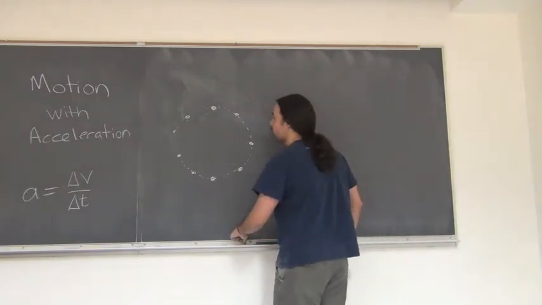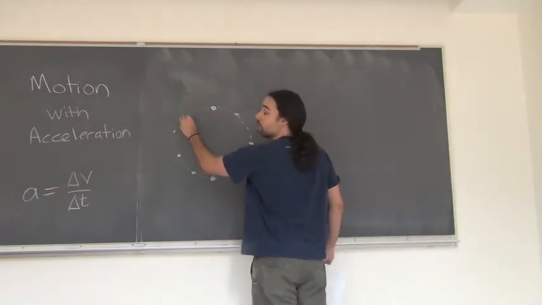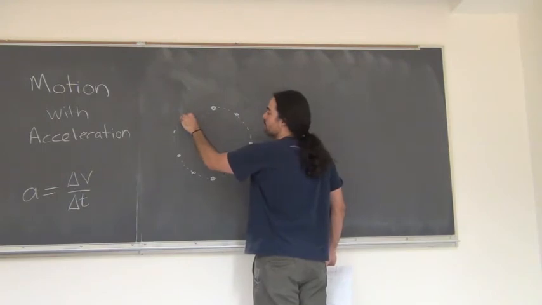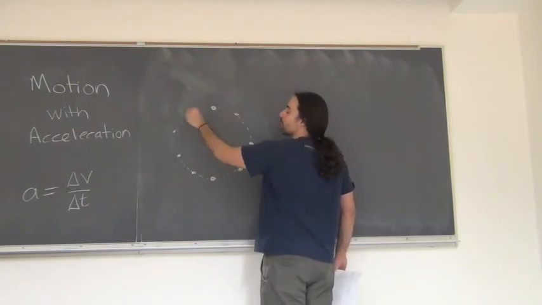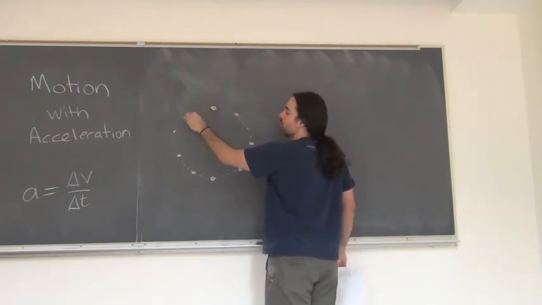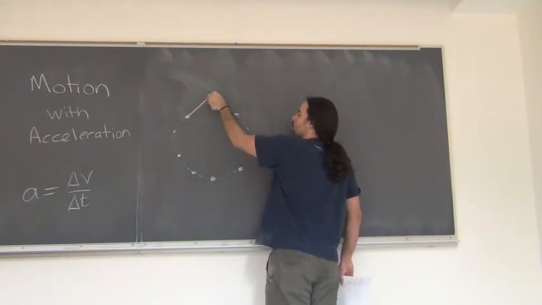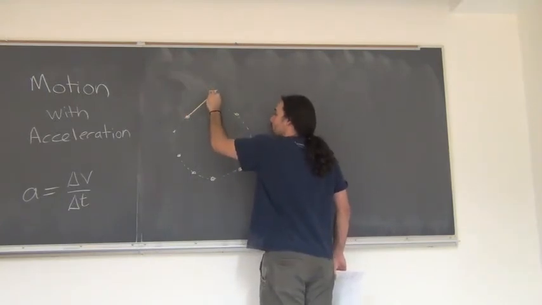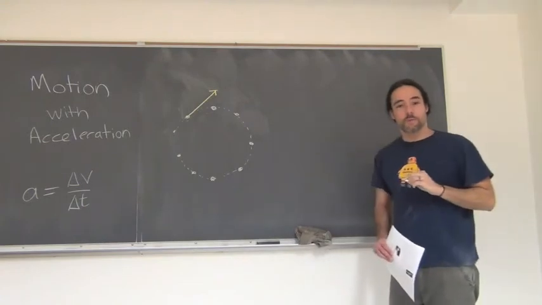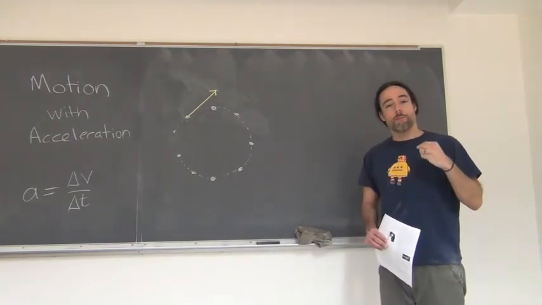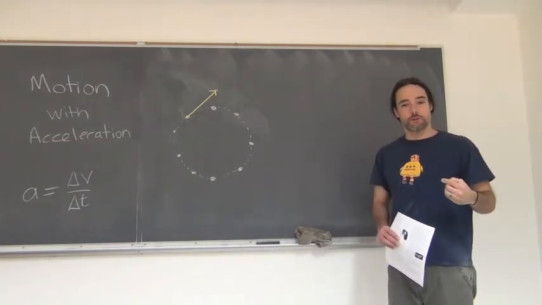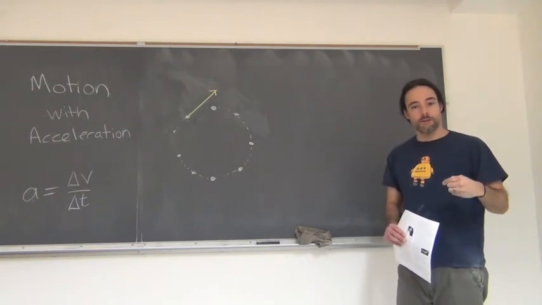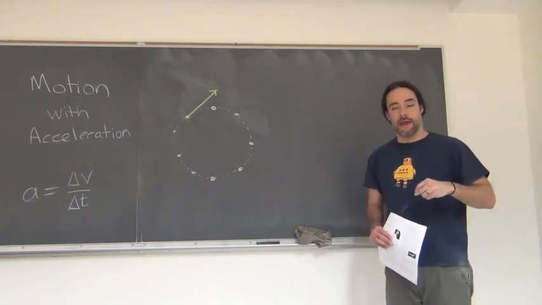So let's say that here is where you are at t initial. Well, you're moving up and to the right because your next point is going to be over here. So I'm going to draw my velocity vector up and to the right. Now there's an important point about velocity vectors when you're dealing with multiple dimensions and you're moving along curved paths.